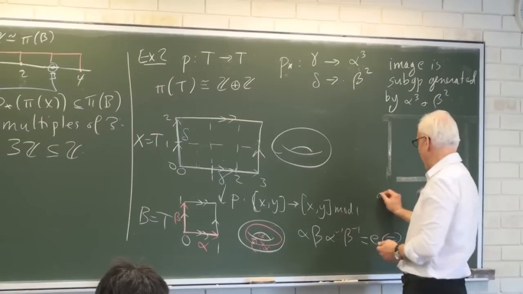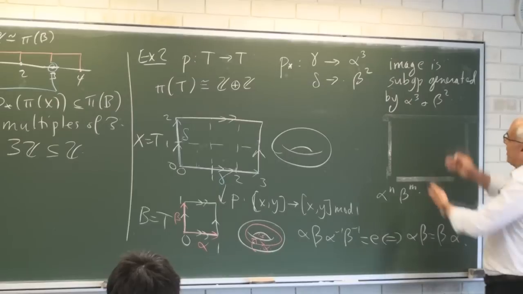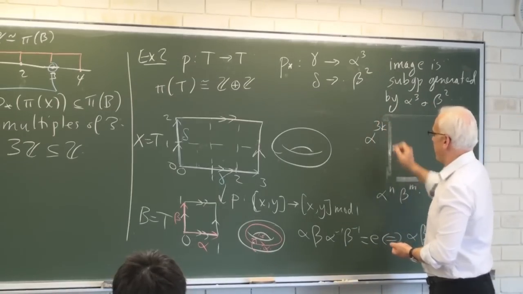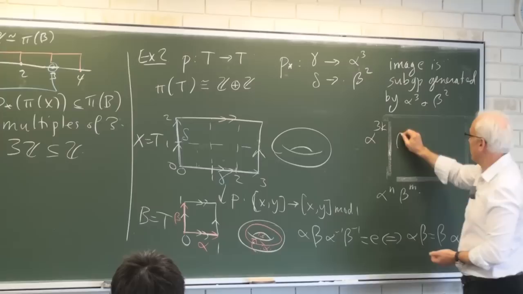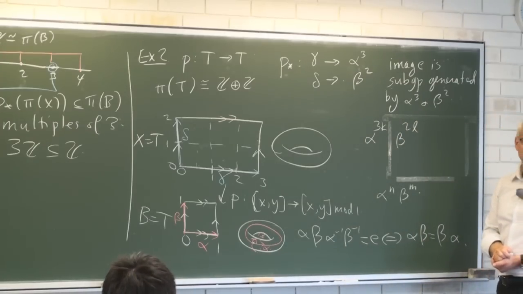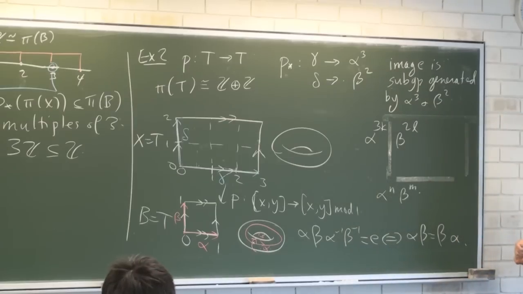So things of the form alpha to the n, beta to the m. Then this subgroup is going to be things of the form alpha to the 3k, beta to the 2l. That's going to be a subgroup of index 6, actually, of this group here.